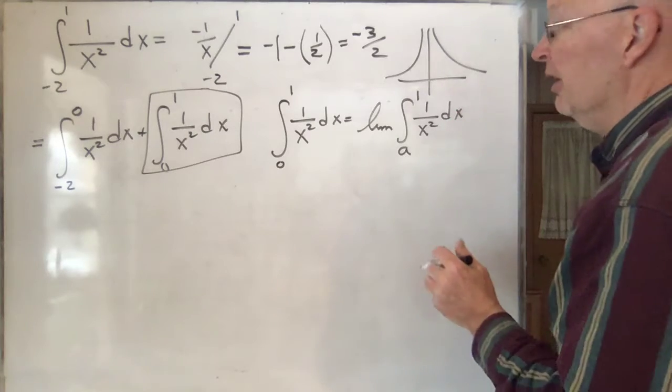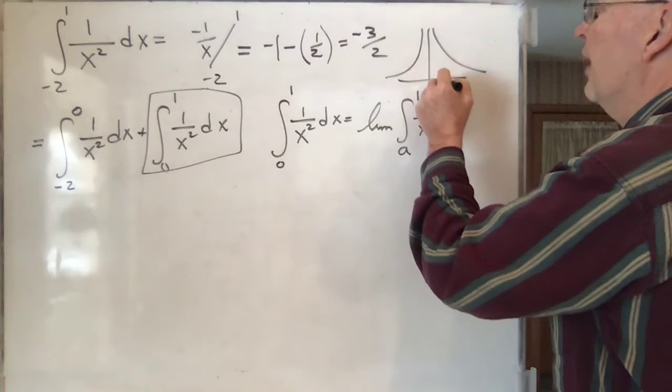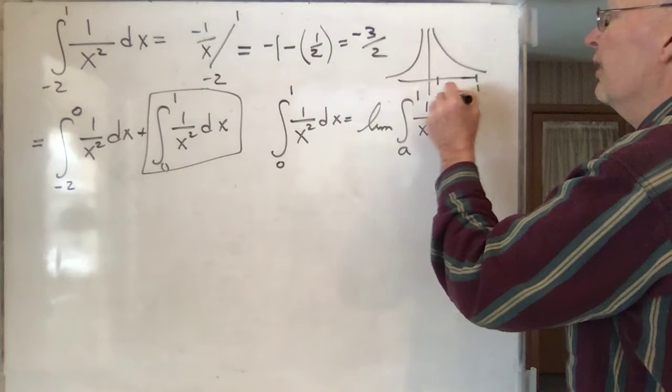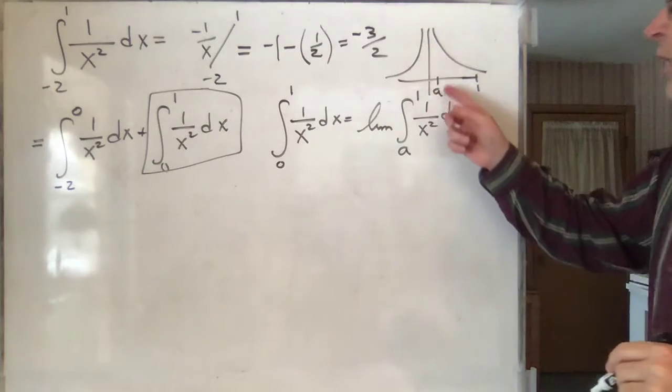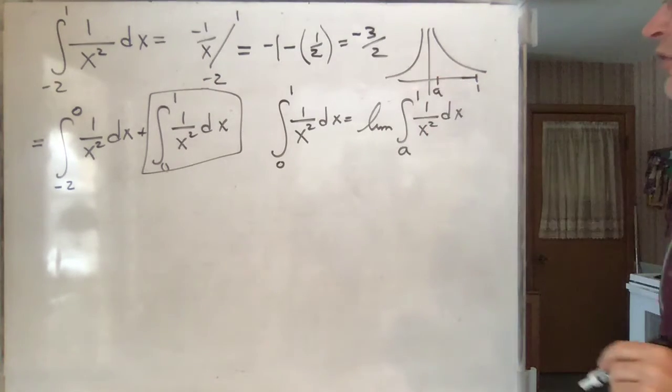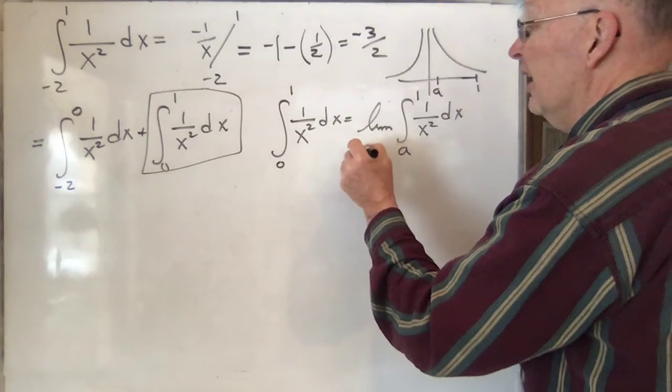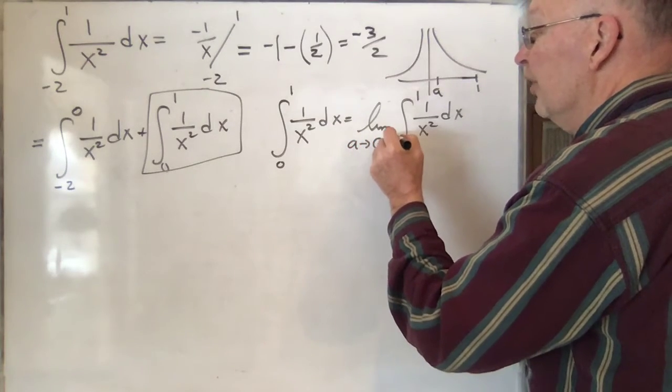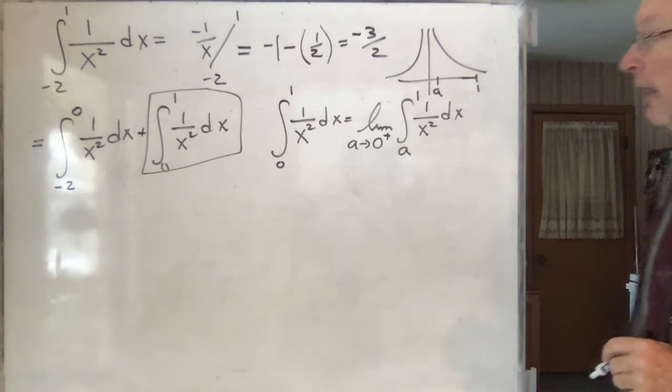Here's 1 right there. Here's a. And then we're going to take the limit as a approaches 0 from the right. Agreed? So there we go.